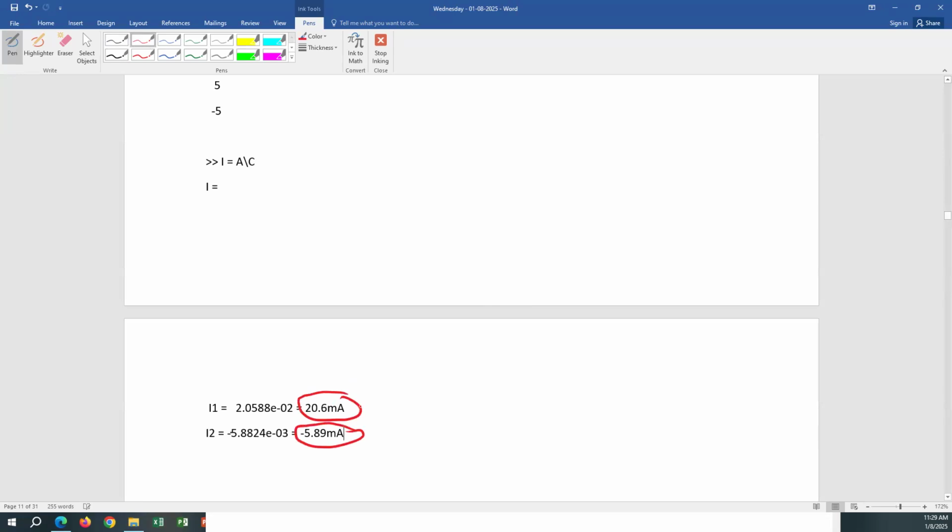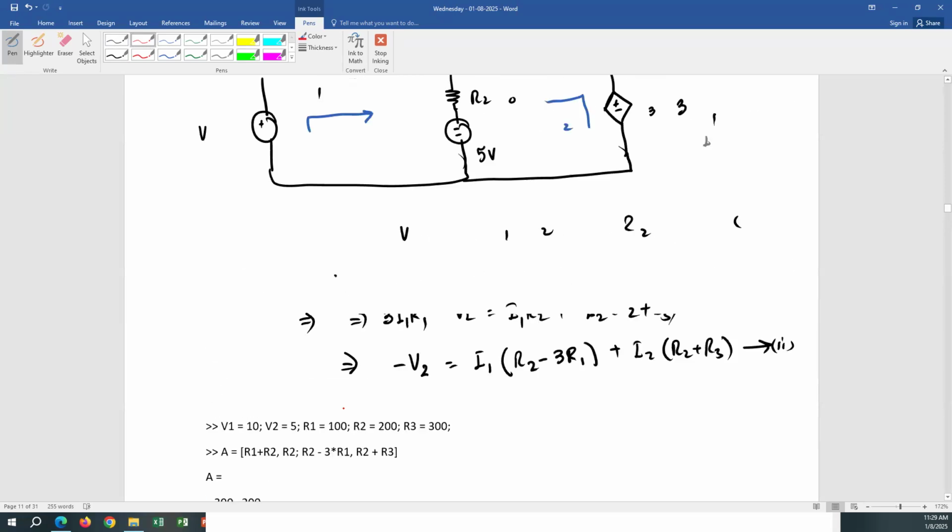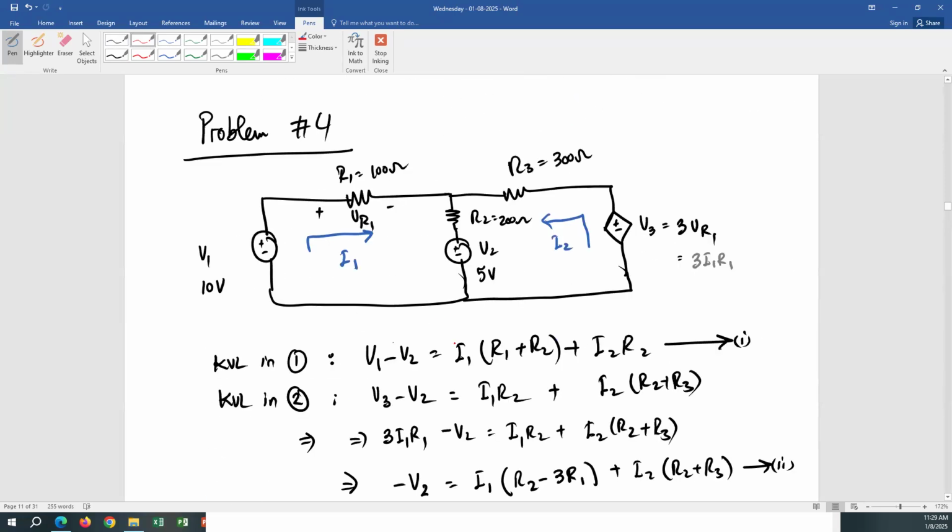The direction of current I2 is opposite to the direction that we have assumed, so it is flowing in the clockwise direction, not the counterclockwise direction. The value will be the same, but the direction is opposite because the current came out negative. So this is how you interpret it. It's basically the same method you're applying, even if you have dependent sources.